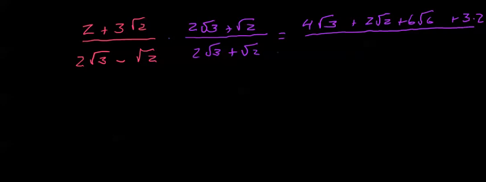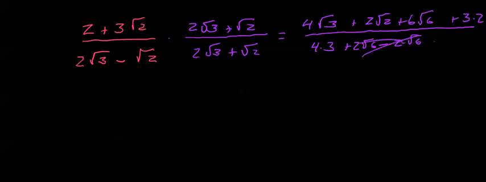Over, 2 radical 3 times 2 radical 3 is 4 times 3. 2 radical 3 times radical 2 is 2 radical 6, minus radical 2 times 2 radical 3 is 2 radical 6, but it's minus.